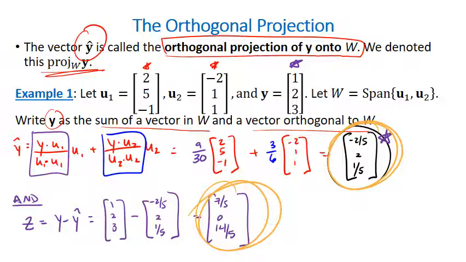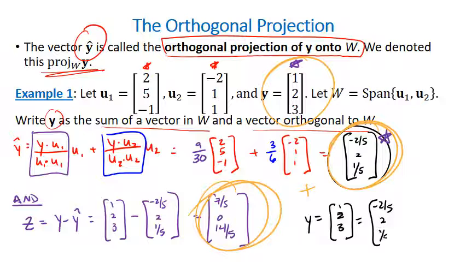And you can verify that the sum of these two things equals that. Just to write it up, y is equal to this vector, which is the sum of these two vectors. And that concludes this example.